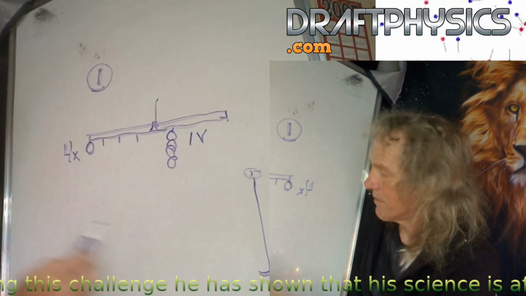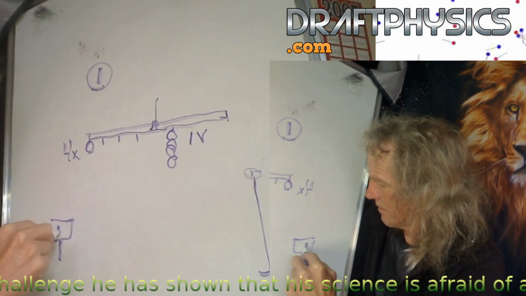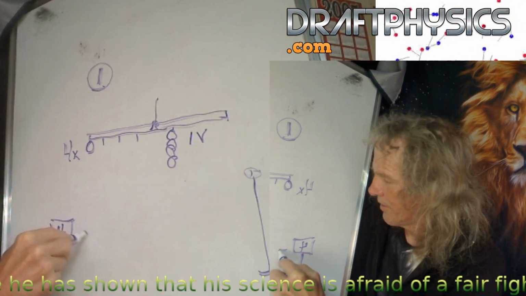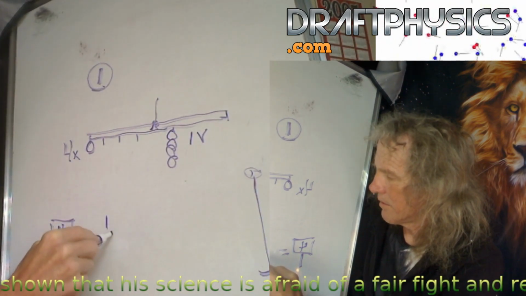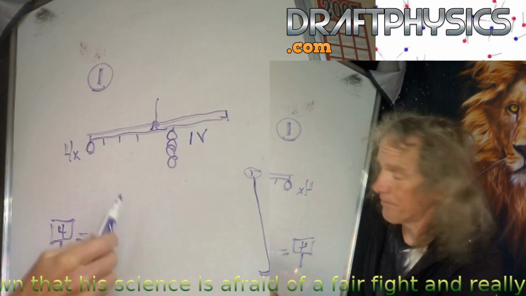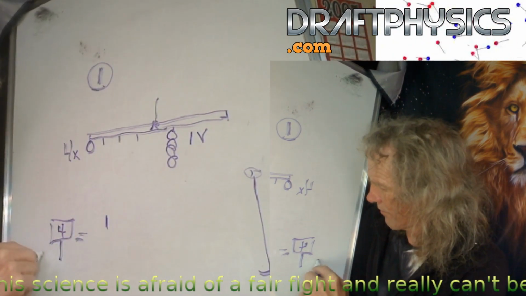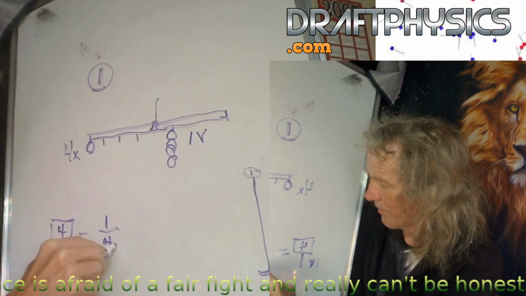A 4 pounds dropped 1 distance, by the balance's rules, equals a 1 mass going 4 times the velocity. So this is 1v, and this is going to have to be 4v.